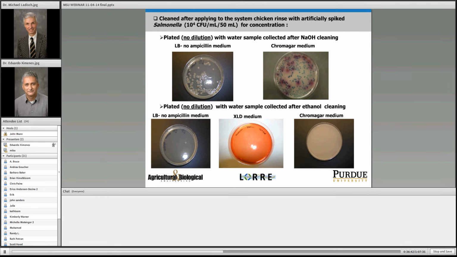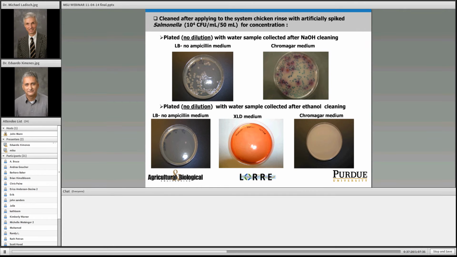In the first picture, again, it's a non-selective medium, more specifically LB with no antibody added to that. So you can see that some cells survive the sodium hydroxide cleaning step. And you can see also that we confirm this observation when we plate the same sample on agar, which again is a selective medium for salmonella.